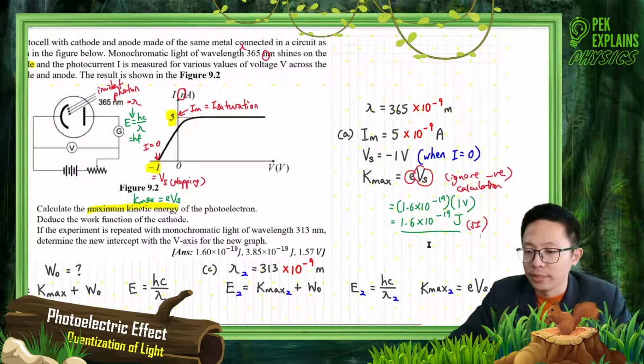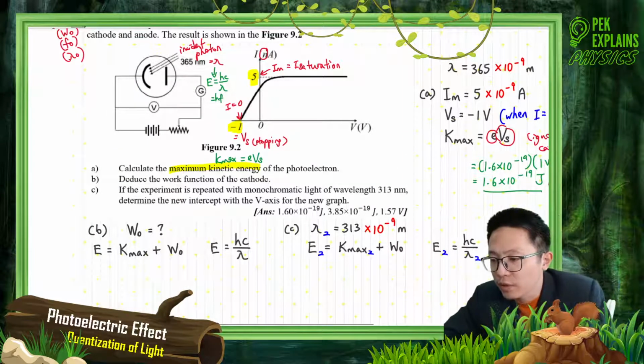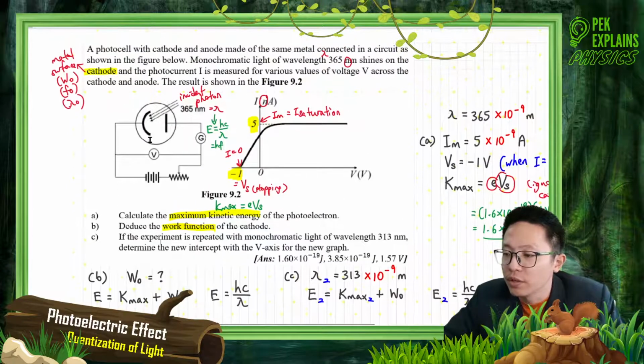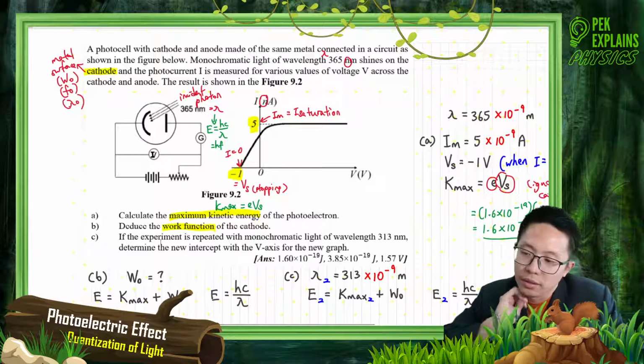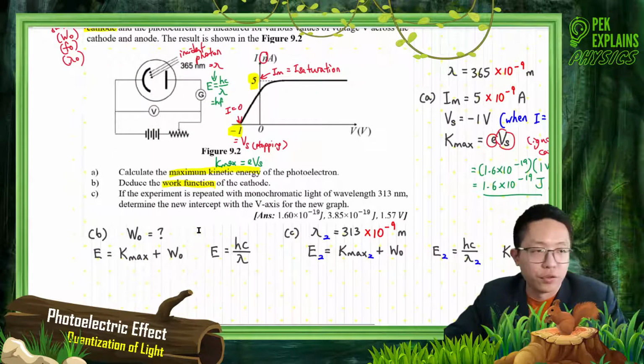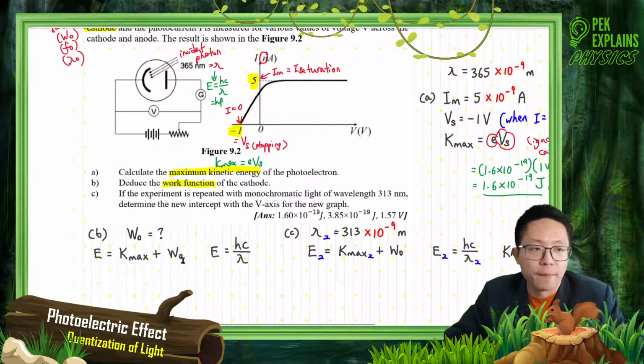Now find the work function. We need to find the work function for the cathode. To find the work function, we need to use the photoelectric equation, E equals Kmax plus work function.